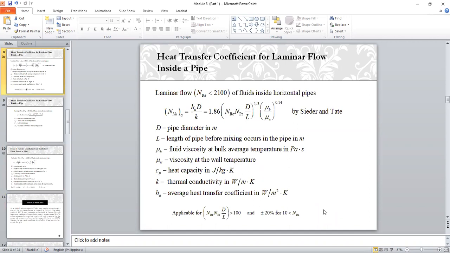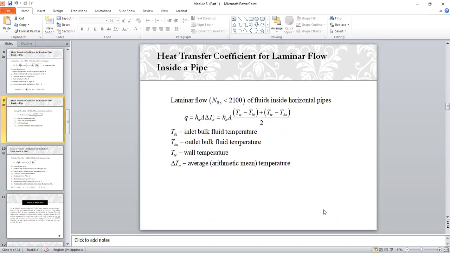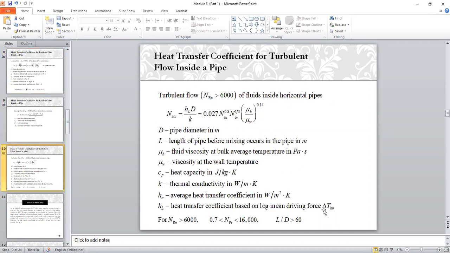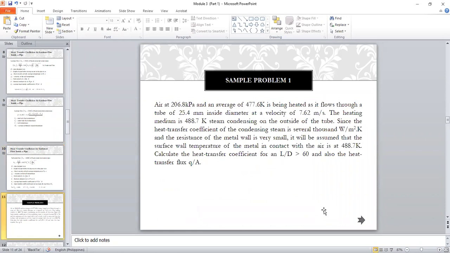We have also discussed the formula to use when flow is laminar, and the formula that we will use when flow is turbulent. But generally, class, our h, the very important heat transfer coefficient, is higher in the turbulent flow regime.